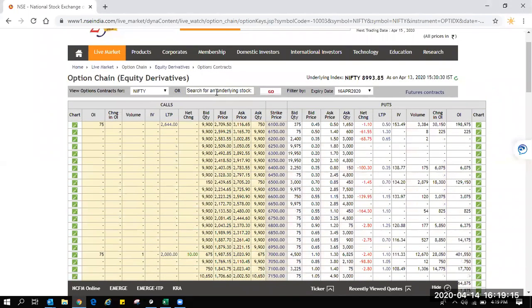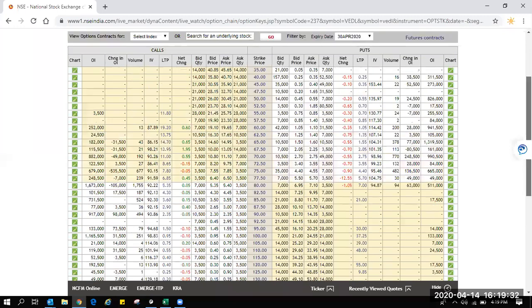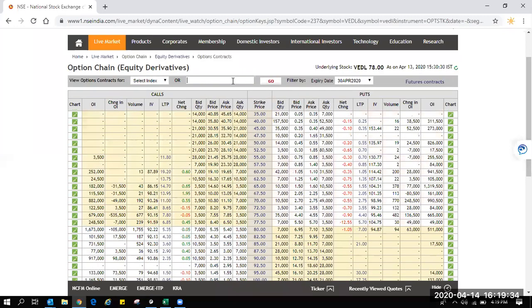So I can take any stock right now. Say for example, I will take VEDL. So we'll take Vedanta. Let me take some liquid stock. We'll take HDFC.